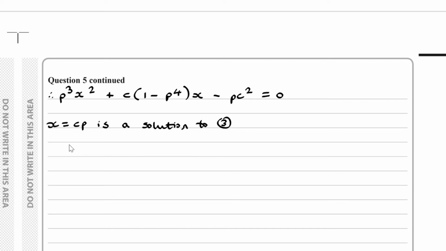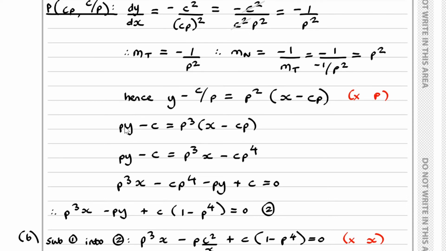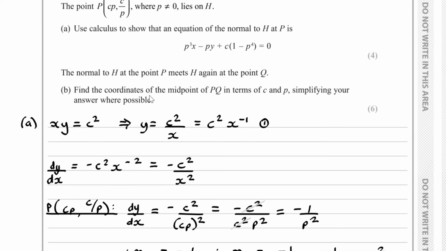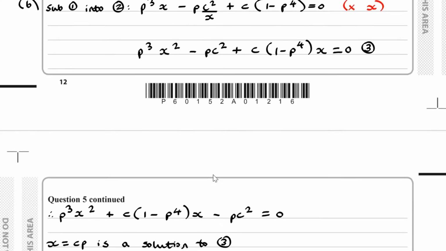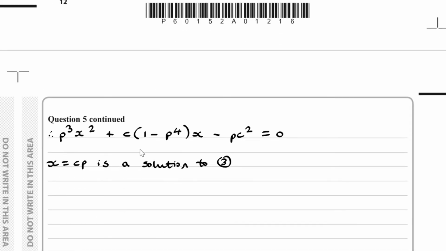And the reason that's the case is, if you think about it, the normal to H intersects H twice, once at P and once at Q. And we already know the coordinates of P, and therefore we know one of the x coordinates of the intersection point, that's cp.